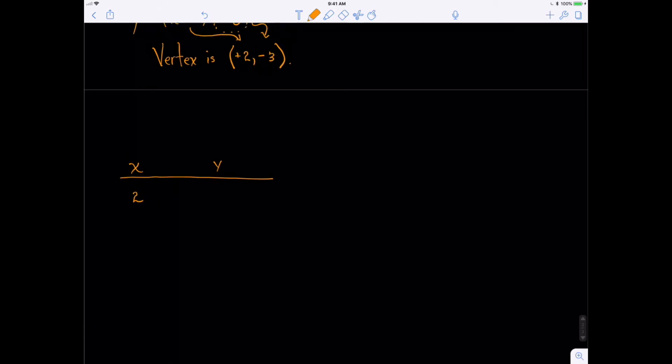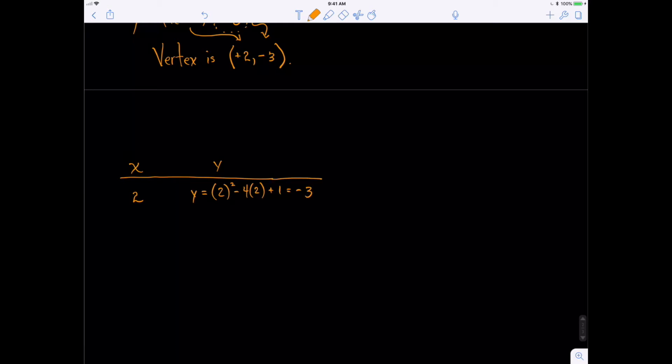We can even check that: y equals 2 squared minus 4 times 2 plus 1, which is 4 minus 8, that's negative 4, plus 1 is negative 3, just like we would expect.